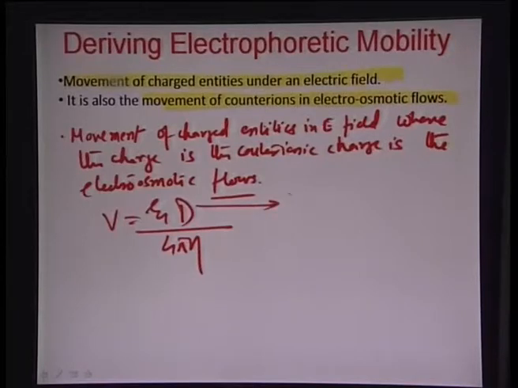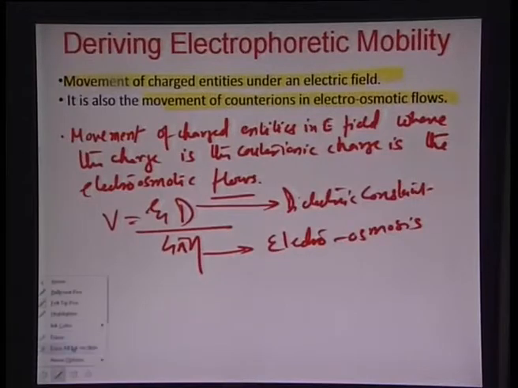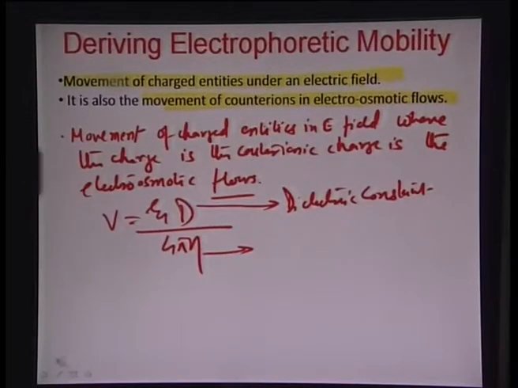D essentially is the dielectric constant of the medium, and I am borrowing this equation from the electro-osmosis case, because whether it is counterions or a primary ion, it really does not make much of a difference as far as the equations of motion for the charge goes. Only the charge type varies in this particular case. So neta is the viscosity of the medium.